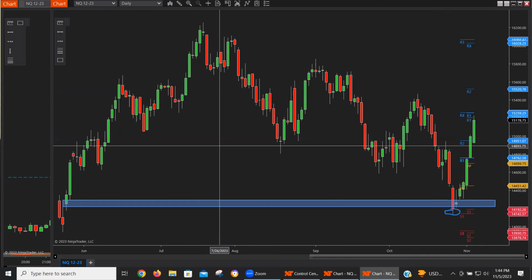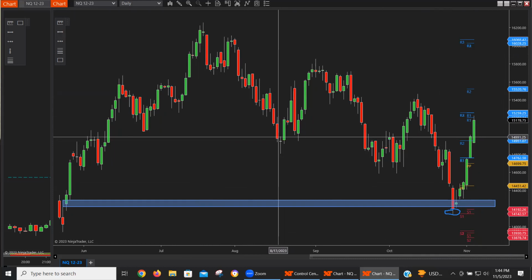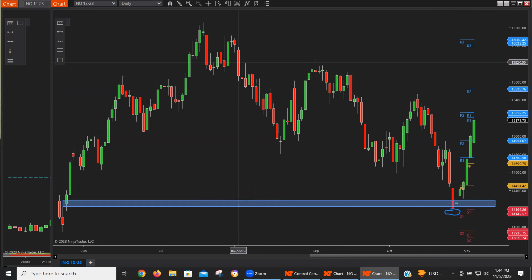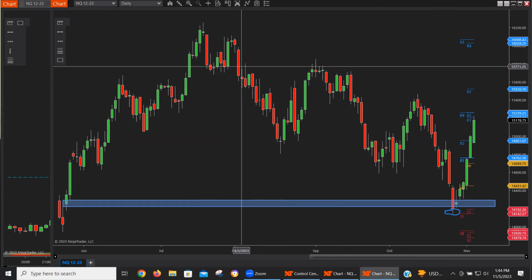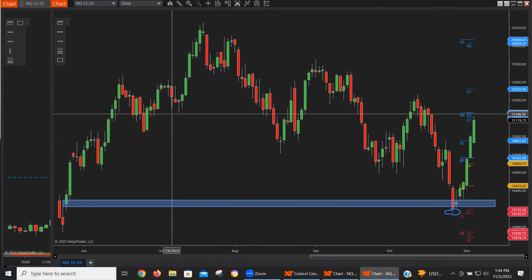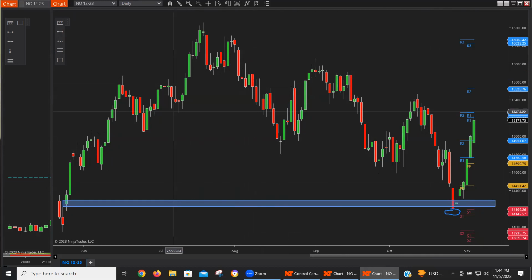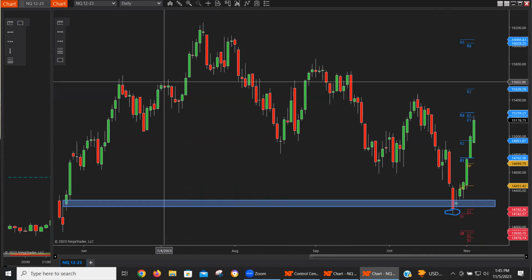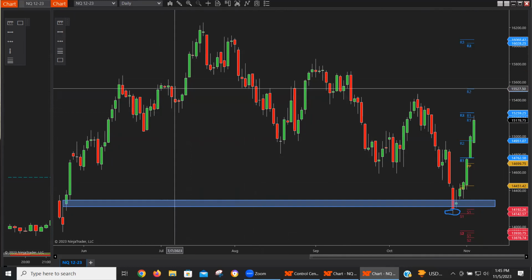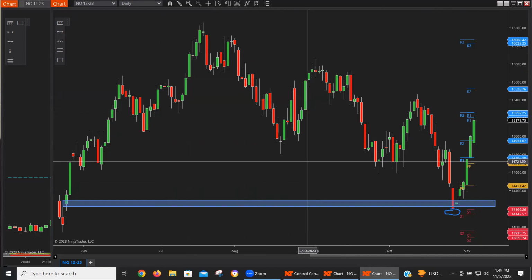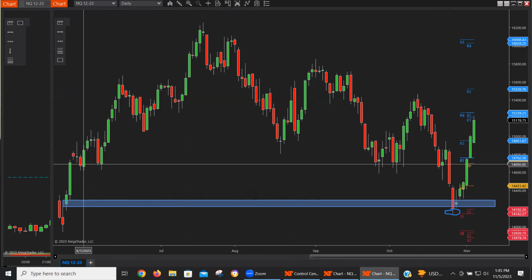So what I want you guys to do is recognize the imbalances, the most important imbalance, not just any imbalance. I want you to see which ones are most important. The most important imbalances are the ones that break a swing, whether it's up or down. Here's a swing.